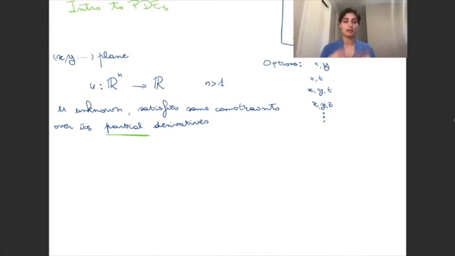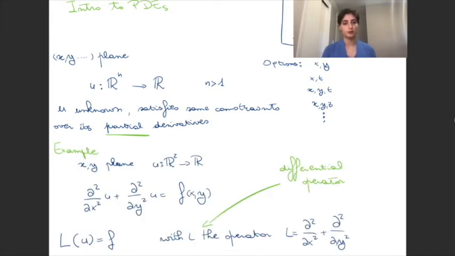It can be depending on as many variables as you want. Usually the higher the number of variables, the more difficult it is to solve. But in general, this is what a PDE is. And when you're looking at an equation that restricts u, the equation involves the partial derivatives of u.